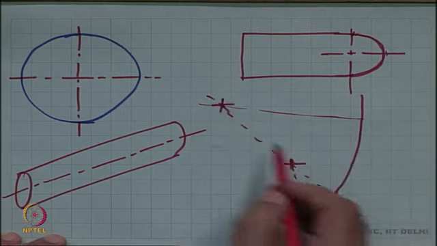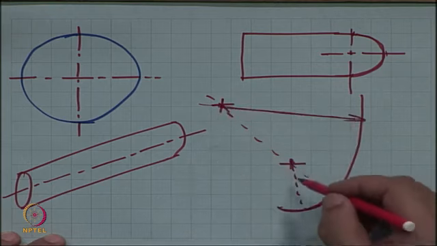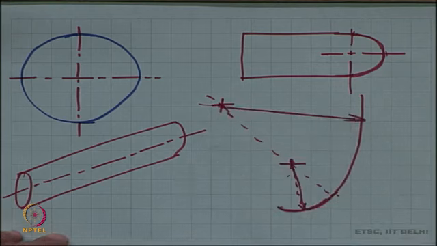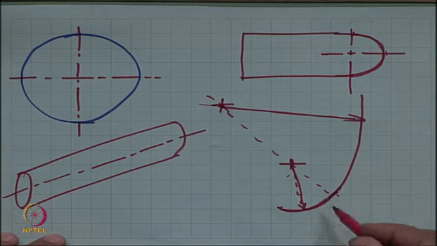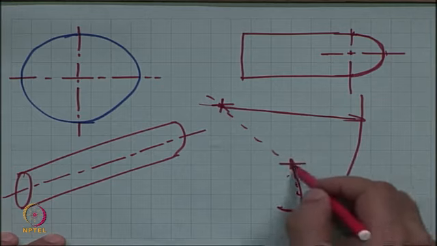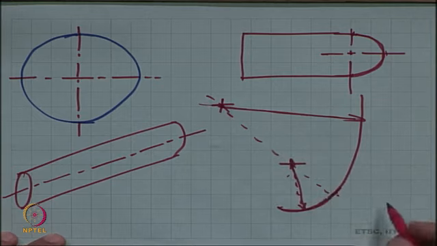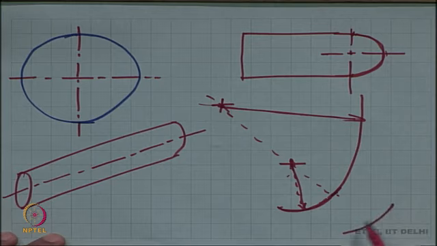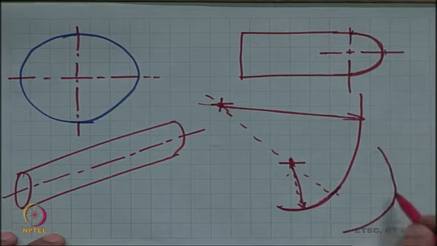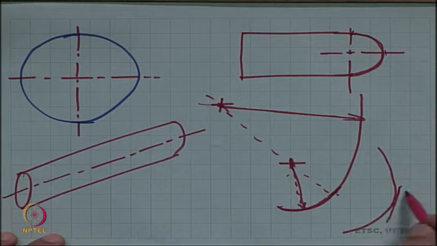So, the curvature of this is this much, the curvature of this is this much, and here they are going smoothly, hence the centers lie on the same line. But that need not have been the case. This could have been like this, in which case this tangent and this tangent are not necessarily the same.